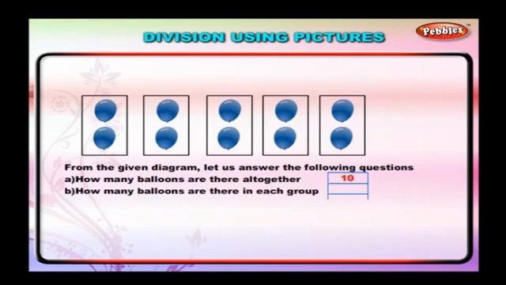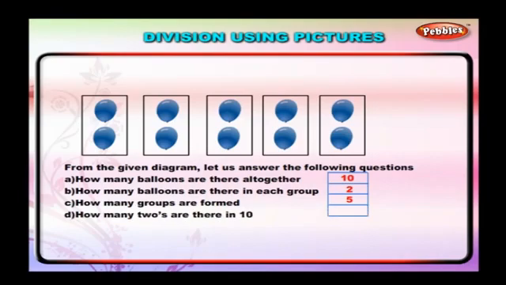How many balloons are there in each group? 2. How many groups are formed? 5. How many 2's are there in 10? 5. Therefore, 10 divided by 2 is equal to 5.